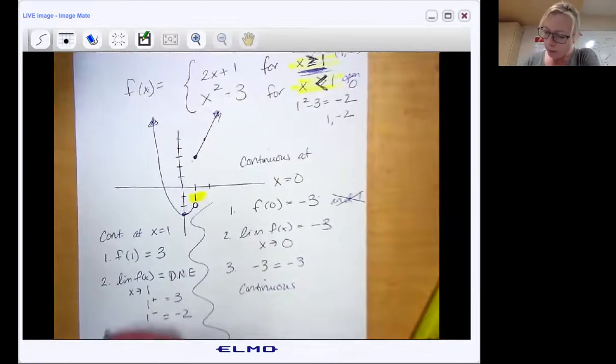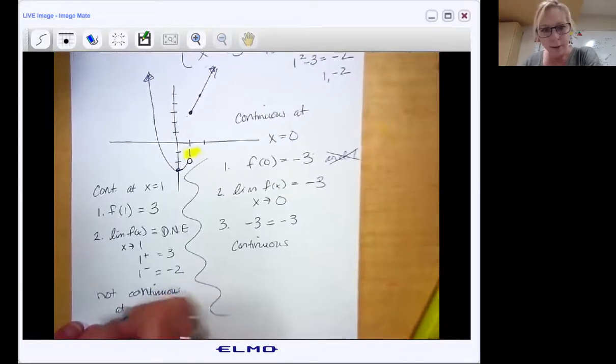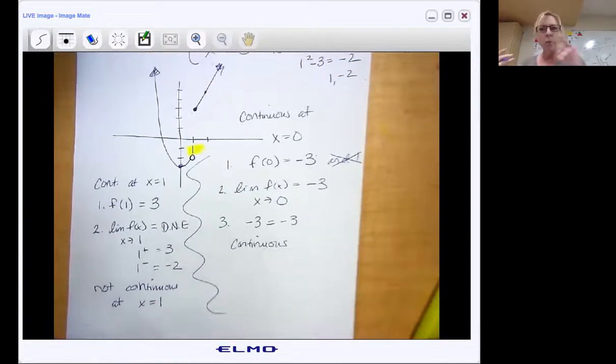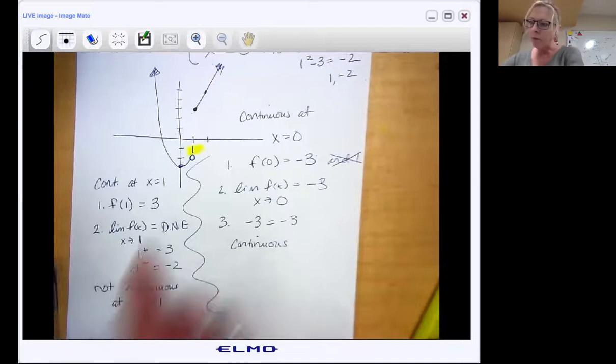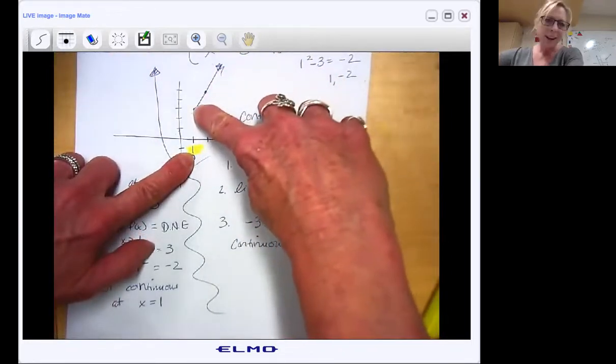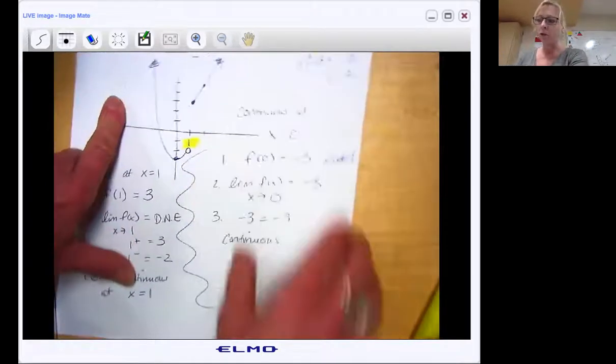And so it is not continuous at x equals 1. So at this one particular place at x equals 1, this graph is discontinuous. It is continuous everywhere else on this function.